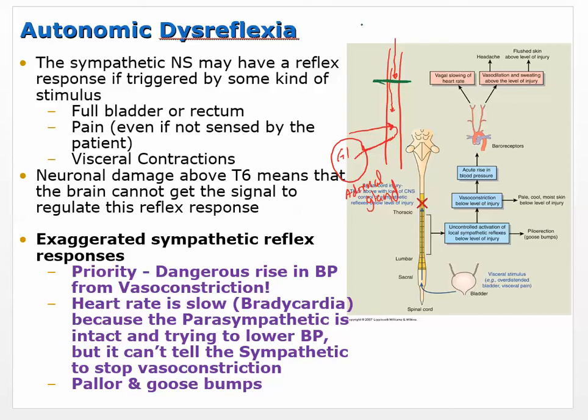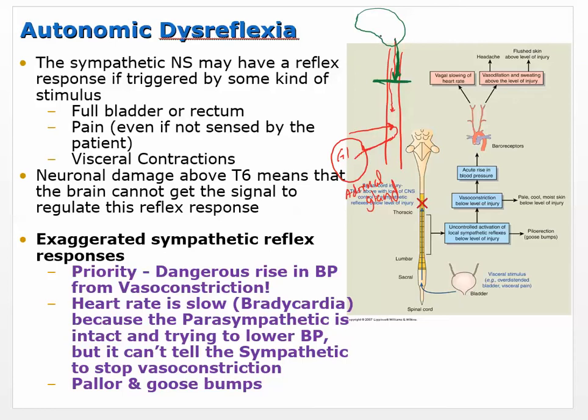The brain is saying, whoa, whoa, whoa, our blood pressure is getting really high, so you need to release the vasoconstriction down here, but it can't make it down there. Okay. So this can just kind of run away, and this vasoconstriction remains.